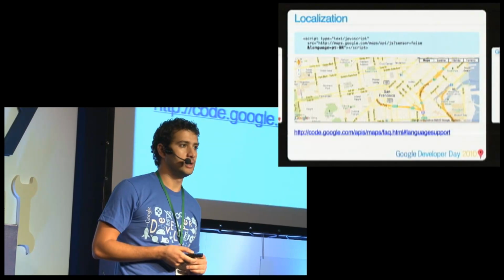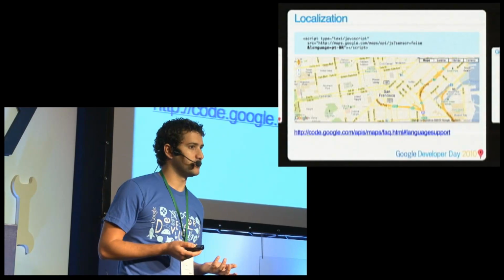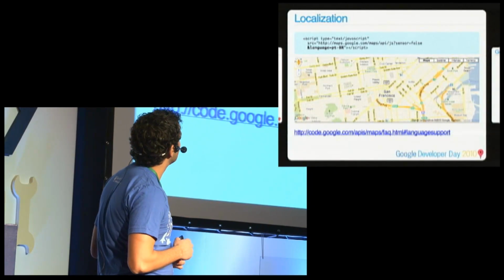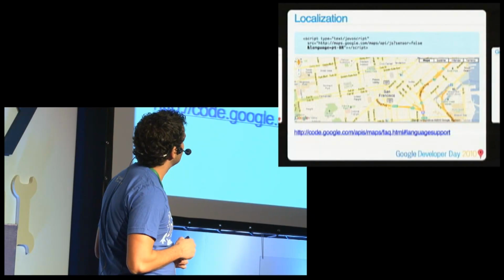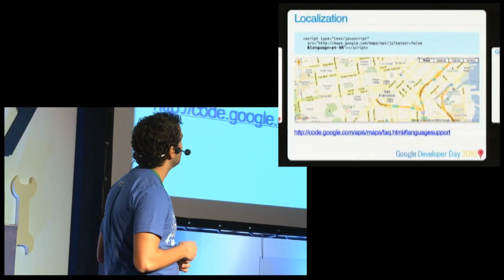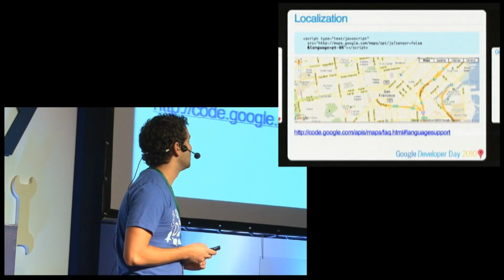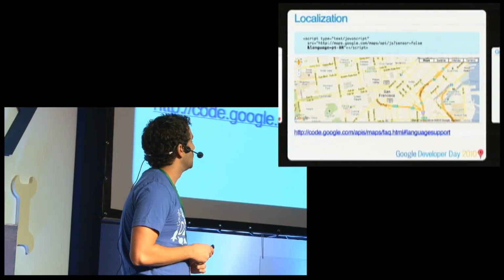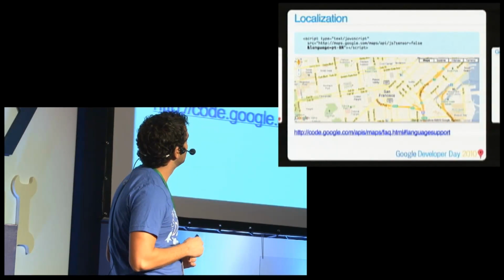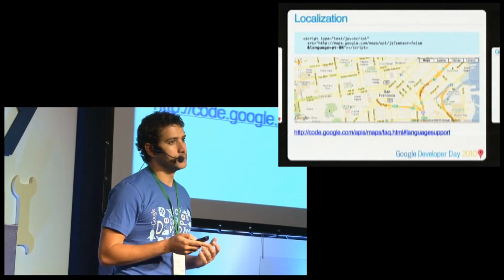You don't want to force a particular language onto the user if they've already specified what they know. But you can force that behavior by just appending this language parameter when you load the map. So obviously my browser is set to English. I don't speak Portuguese. So when we saw it over here, it was in English, but I'm forcing it to load in Portuguese here, and it shows up in the correct language.